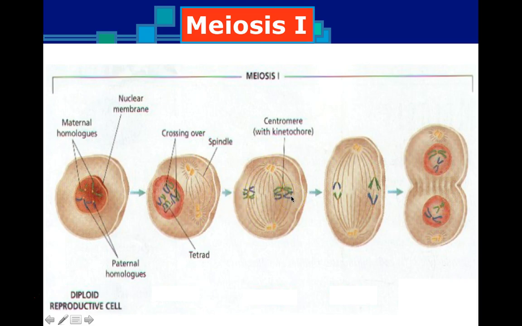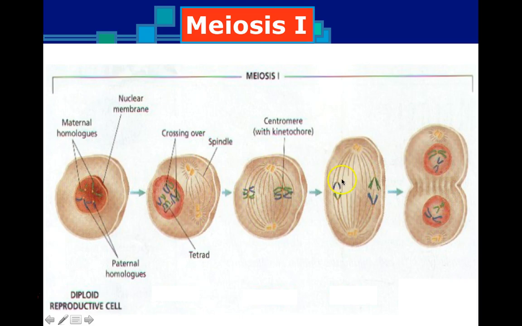So when you describe that, you wouldn't say chromosomes line up, you would say homologous chromosomes line up or homologous pairs line up. Then during anaphase, you wouldn't say chromatids split, like we did in mitosis, but now you would say chromosomes split, because you have a full chromosome going this way, and a full chromosome going the other way.